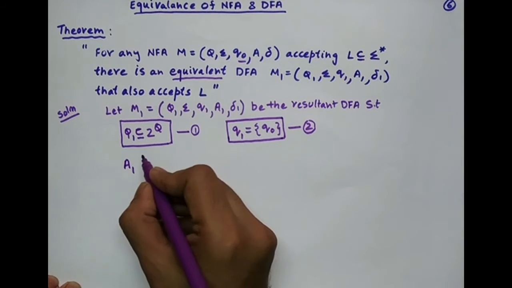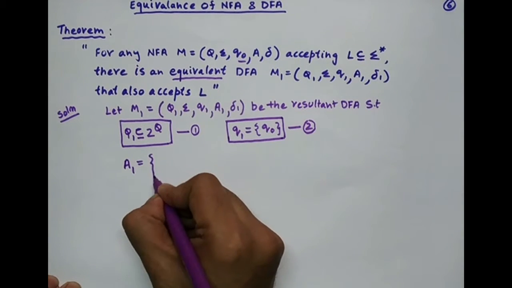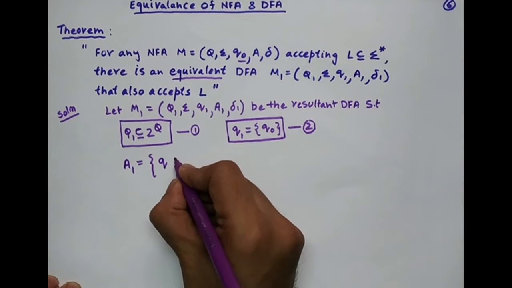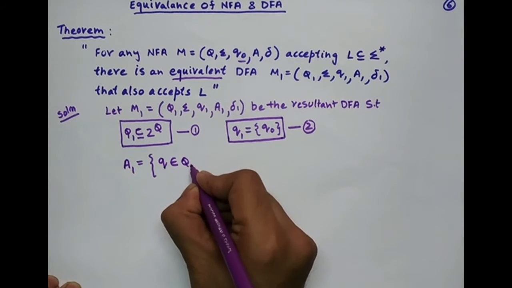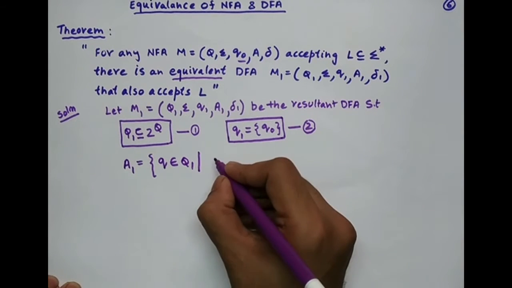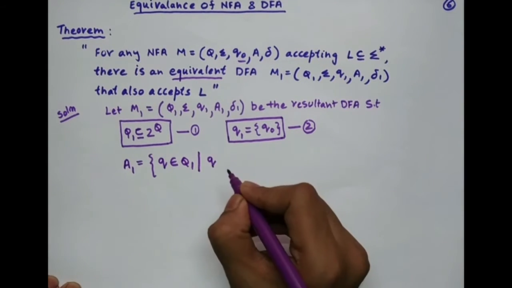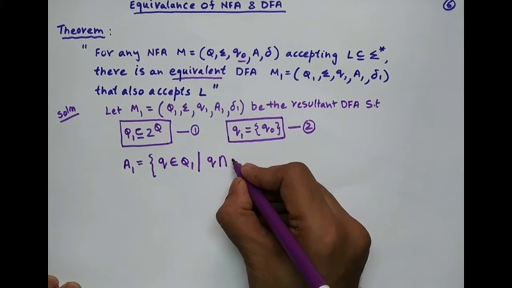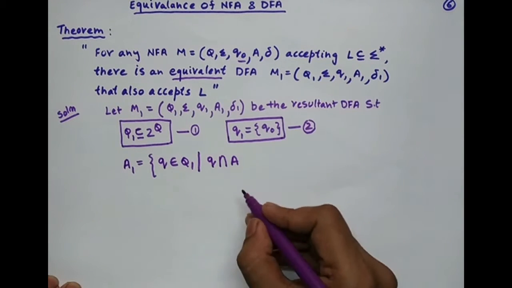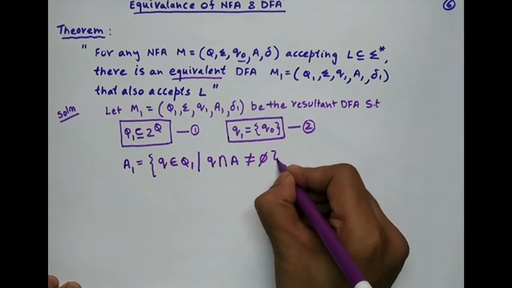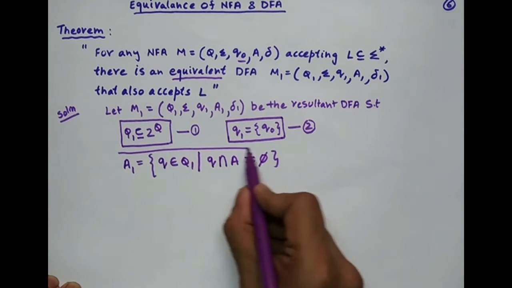Talking about the set of final states, I write A1, that is the set of final states, will contain state q belonging to Q1 such that q intersection A, where A is the set of final states in NFA, is not equal to null.